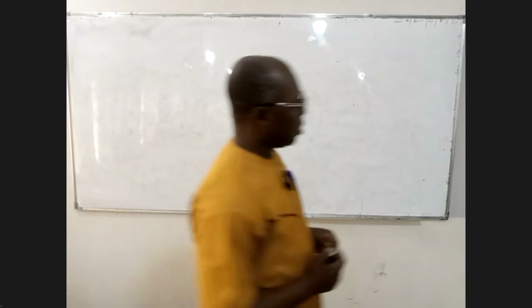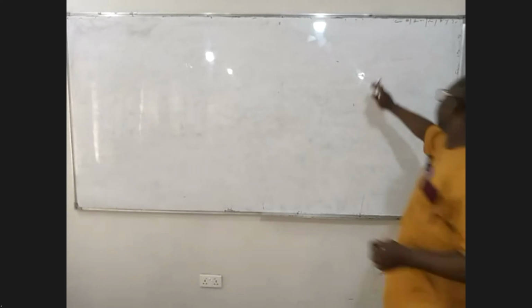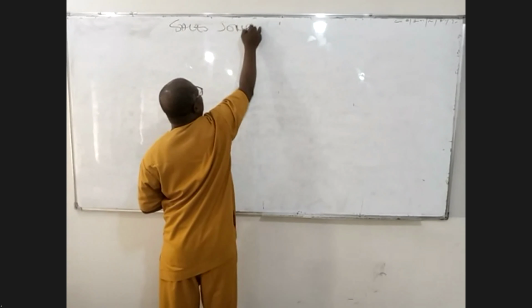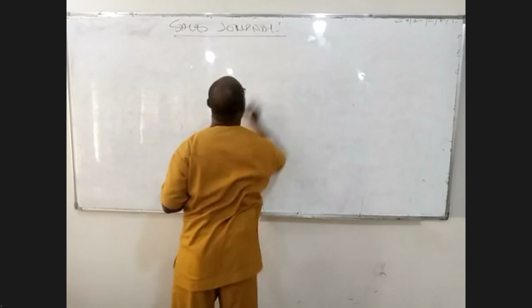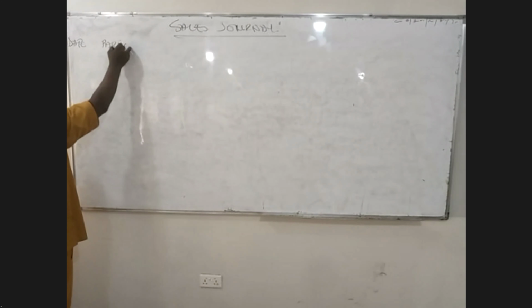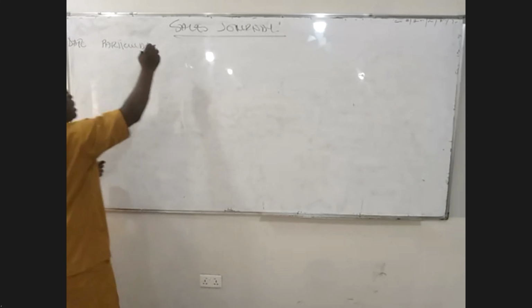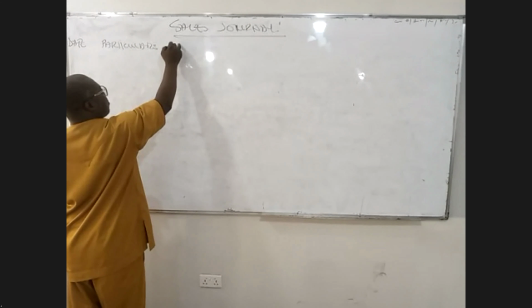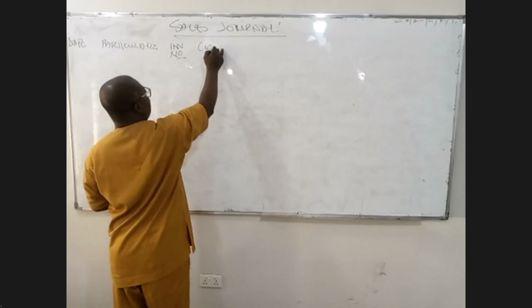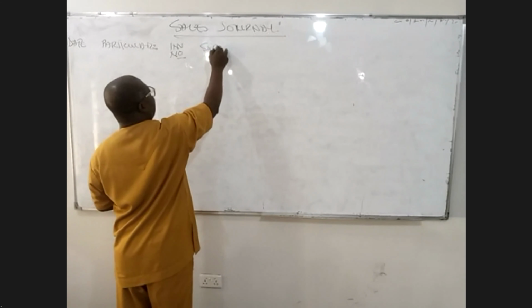All right, quickly. So what are the issues here? The date, details, customer, invoice number, terms, and so on. Are we okay? So here, number one, we are going to look at the sales journal. Good. Number one is the date, the particulars or the details. The next one is invoice number. The next one is the supplier.